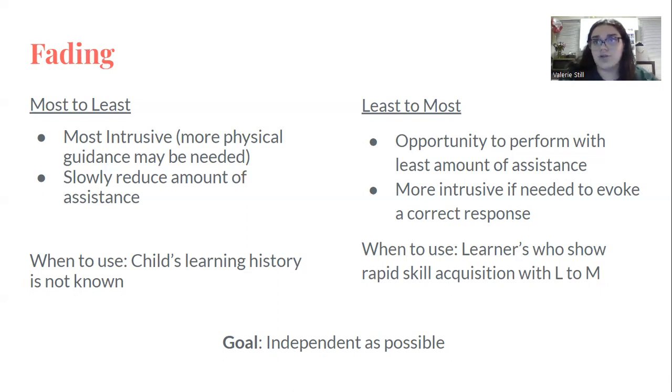And if they're not evoking a correct response with the modeling, then you would go to a physical. So you work your way up to the most intrusive if it's needed to evoke the correct response. But again, the goal is to be as independent as possible. So we would love to fade out the prompts so the learner is able to evoke the behavior independently.